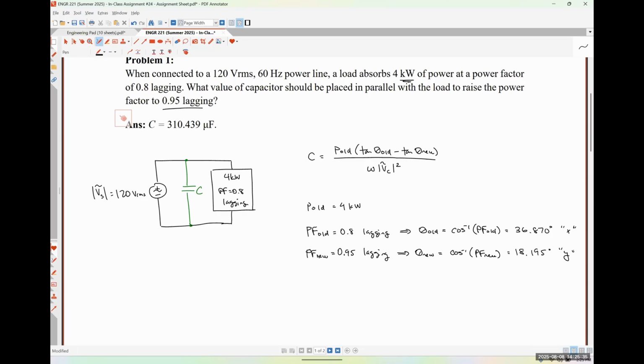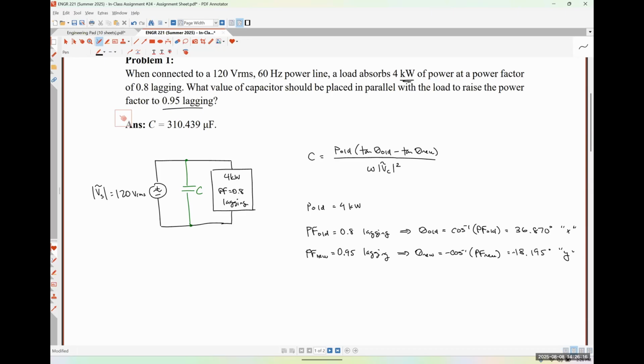It should. So when we talked about leading and lagging power factors on Wednesday, I told you guys that positive angles are indicative of lagging power factors and negative angles are indicative of leading power factors. So if we had a leading power factor, we would actually have to add a negative sign out front here because the inverse cosine operation on your calculator is only going to return an angle between 0 and positive 180 degrees.